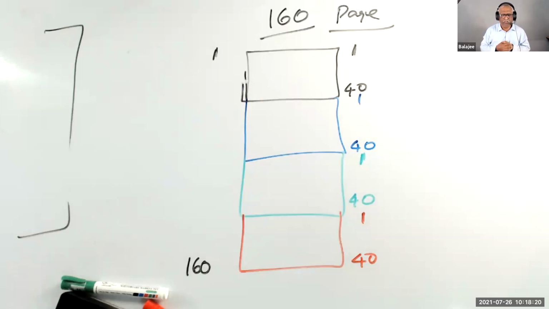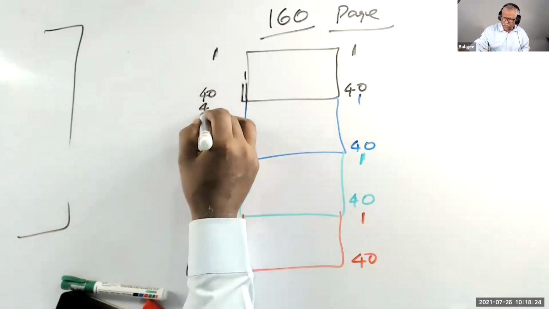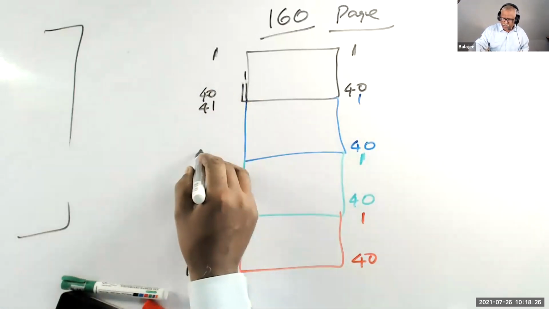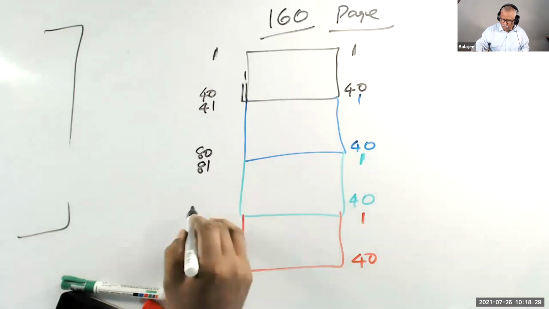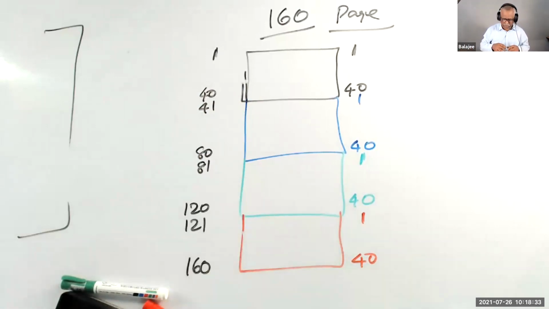Trick. This is 1 to 40. 41 to 80. 81 to 120. 121 to 160. Am I right?